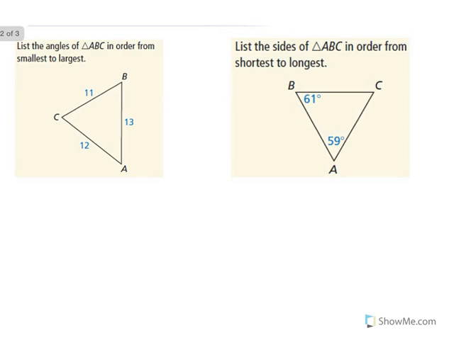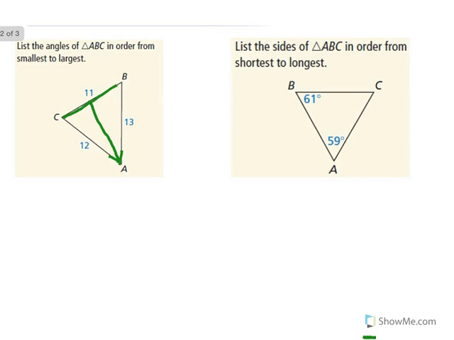Looking at these, let's practice. List the angles of this triangle in order from smallest to largest. We don't know what the angle measurements are, but since sides and angles relate to each other, let's go ahead and mark side BC right here. BC is directly across from angle A. It would go with angle A. Okay, and then let's go over here.